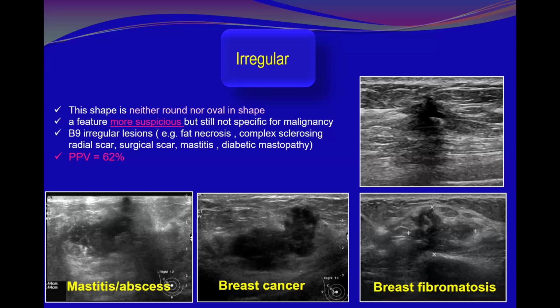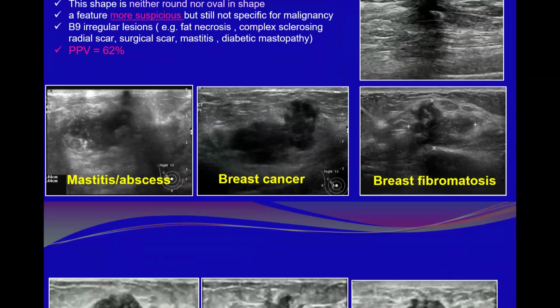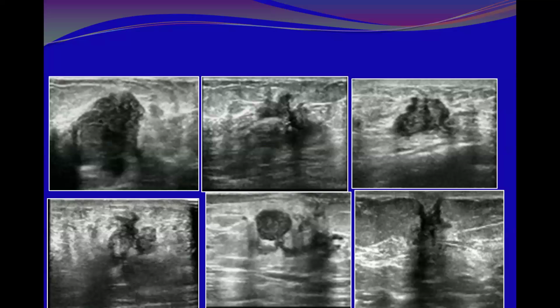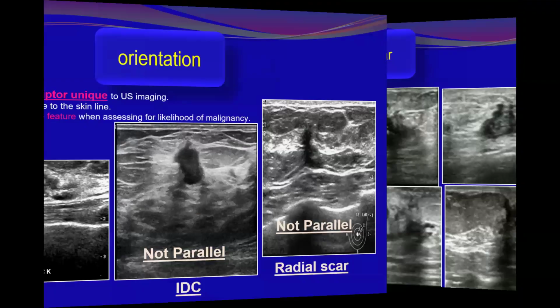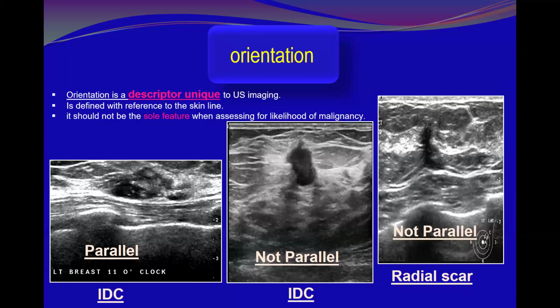Any irregular lesion, unless proven benign, has to be BI-RADS 4C. Okay? Here we can see more examples of irregular shape. All of these are proven to be breast cancers, okay? All are irregular.